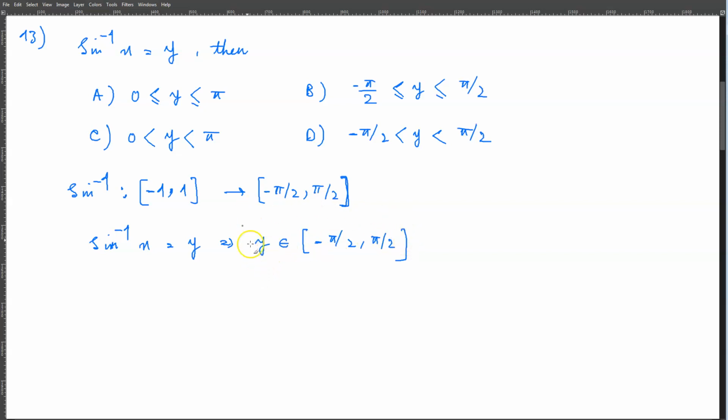If y belongs to this set, then of course you can say that negative pi by 2 is less than or equal to y is less than or equal to pi by 2, which is basically choice D.